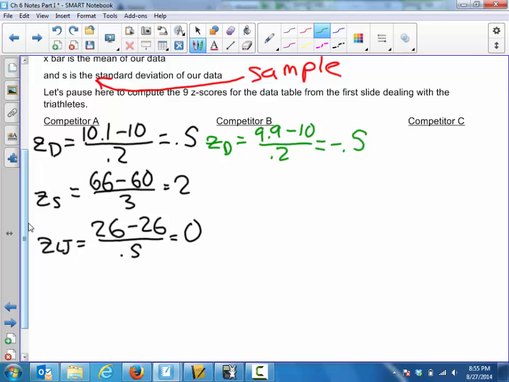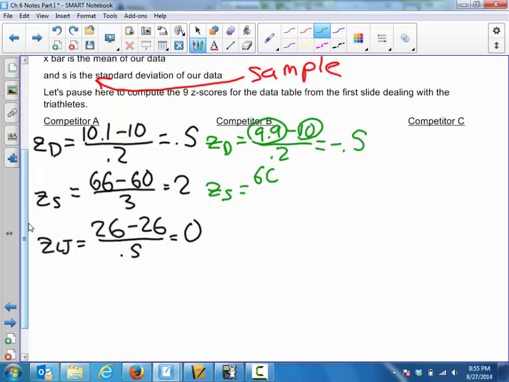Okay, ask yourself real quick if competitor B's z-score here of negative 0.5, so 0.5 below the mean, is being below the mean of all the competitors a good thing or a bad thing in this case? Well, for a 100-meter dash, 9.9 being below that 10 should be a good thing. So don't assume automatically that negatives make you look bad or that positives make you look good. It's a matter of context.